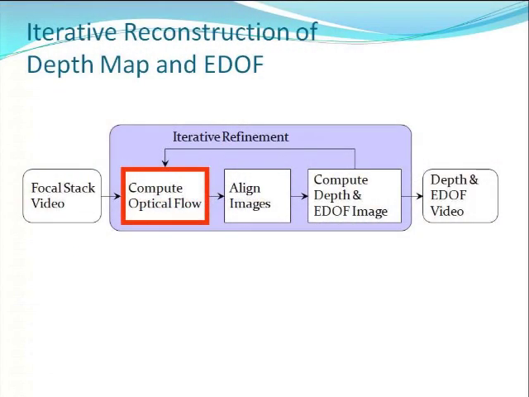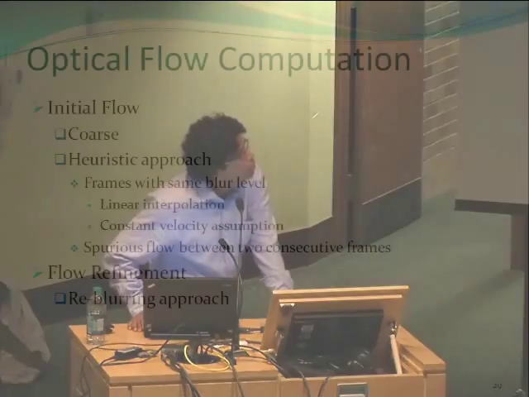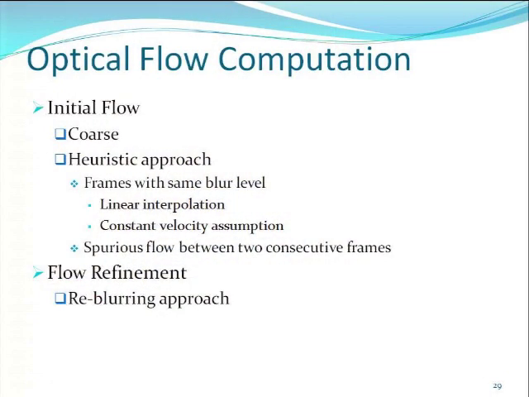So now looking at each of these blocks, so the optical flow block, in the first iteration, we don't have depth information. So the initial flow is going to be coarse. We could apply a few heuristic approaches or make assumptions about the scene. For instance, if you assume a constant velocity between, let's say the focal stack has 5 images, you could compute optical flow between frame 1 and frame 6 because they are at the same blur level.